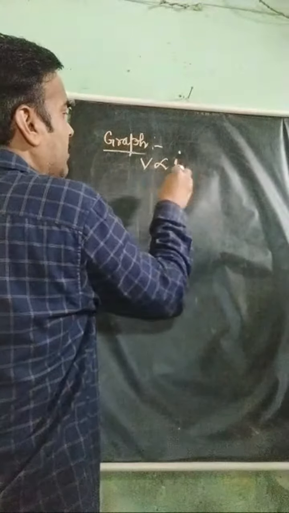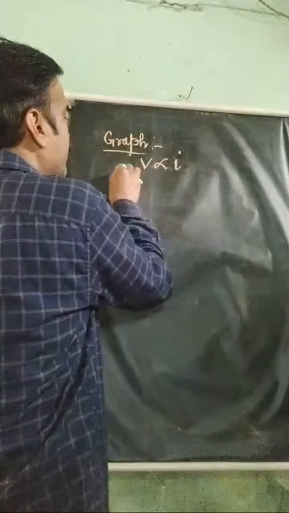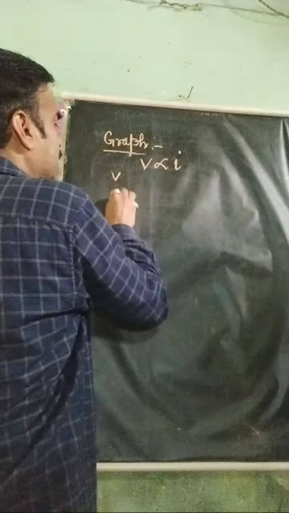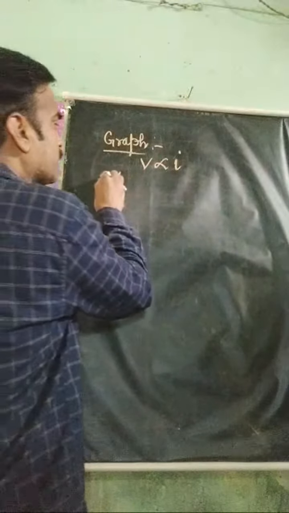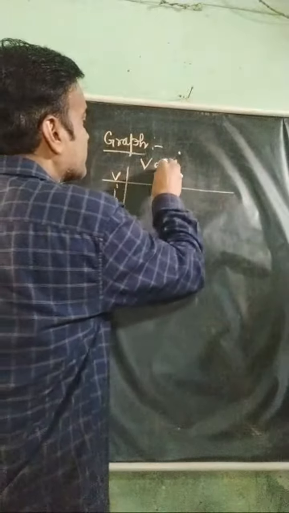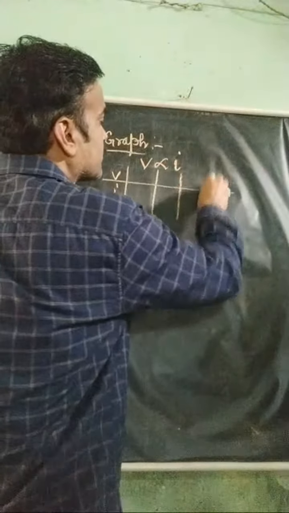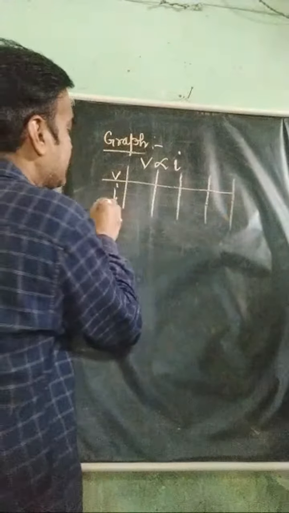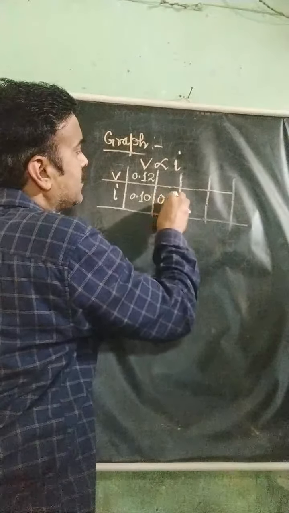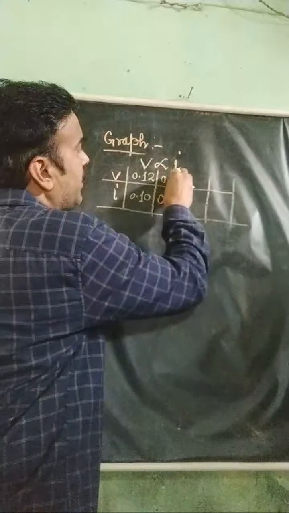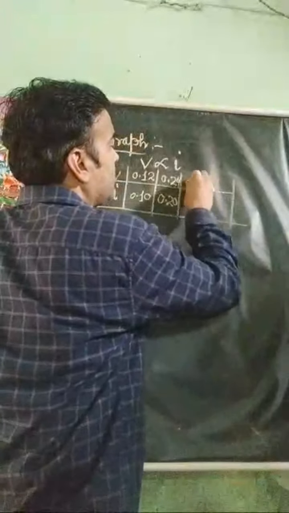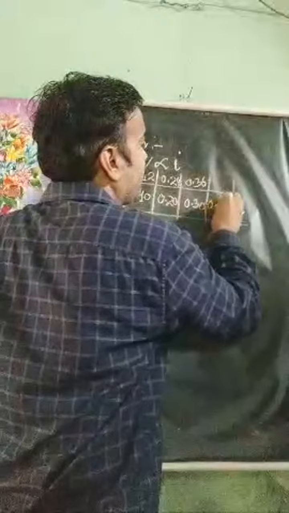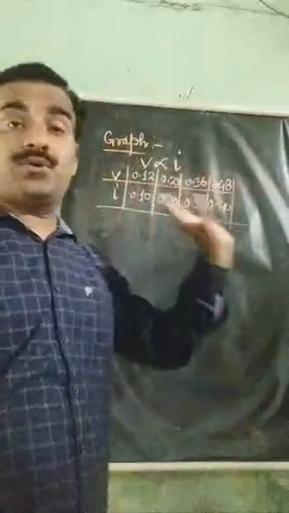Suppose I have just taken V and I. Suppose some readings I am going to take just as an example, 0.0, 0.40, and some from my own side.